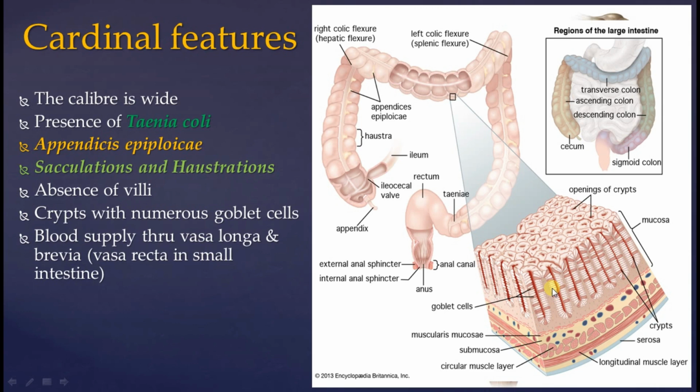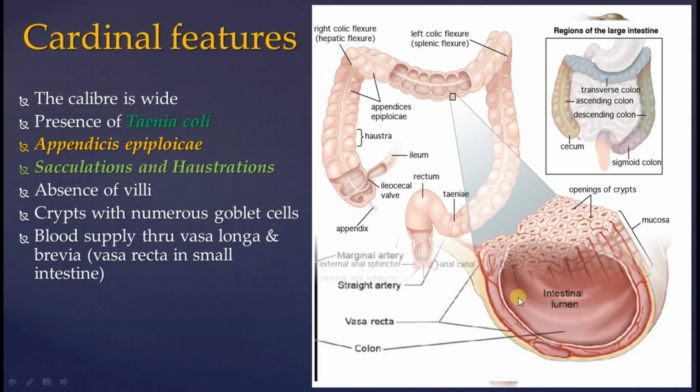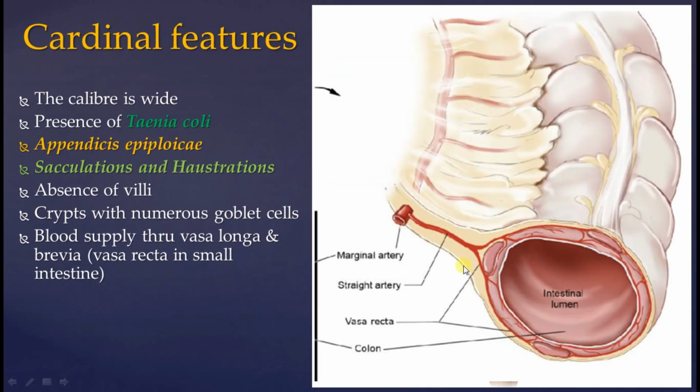So, absence of villi, presence of crypts. You see the intestinal crypts of Lieberkühn with the goblet cells, and blood supply is mainly through the vasa longa and brevia. In the small intestine we call it the vasa recta, the straight vessels. Vasa recta gives vasa longa and brevia. Longa supplies the outer two-thirds of the wall of the colon, whereas the vasa brevia supplies the inner one-third.